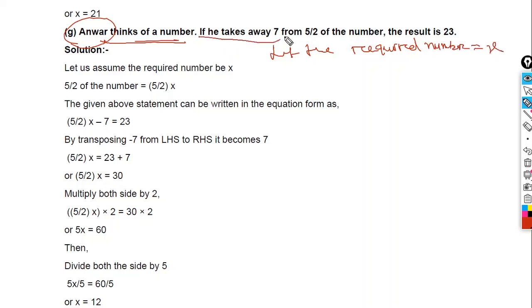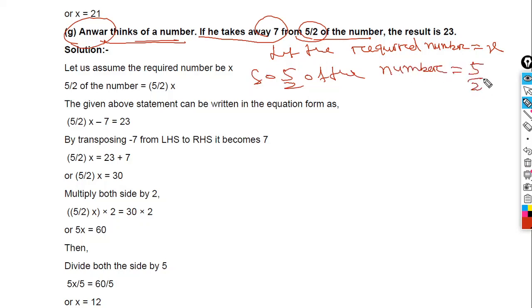He takes away 7 from 5 by 2 of the number. So 5 by 2 of the number is 5 by 2x, and he is taking away 7 from this. The result is 23. So again 5 by 2x minus 7 equals 23.